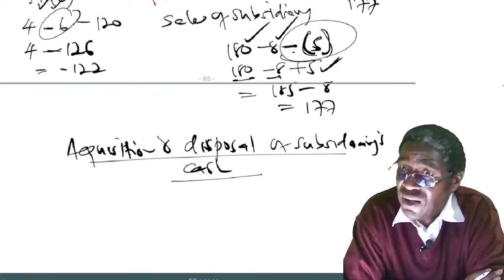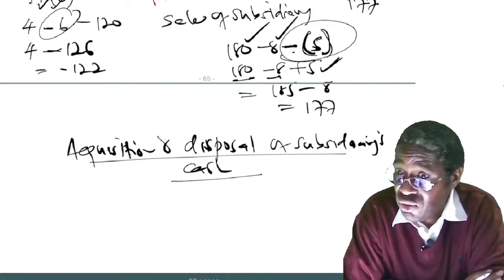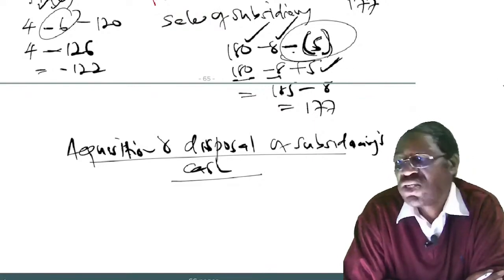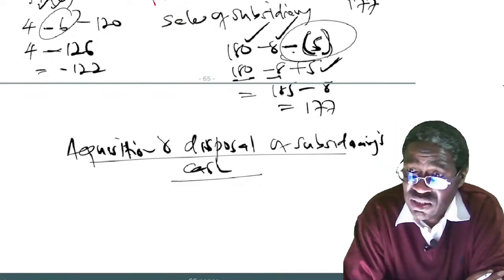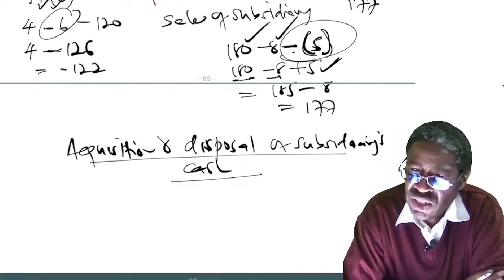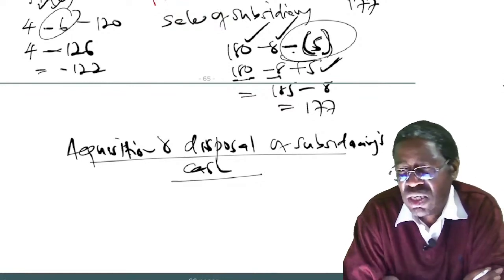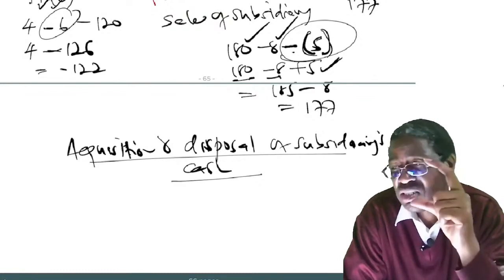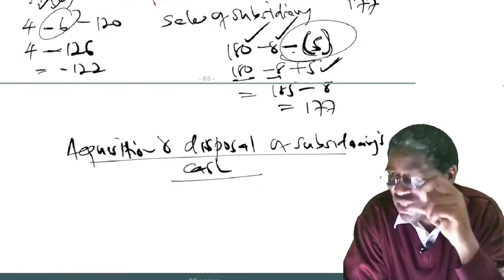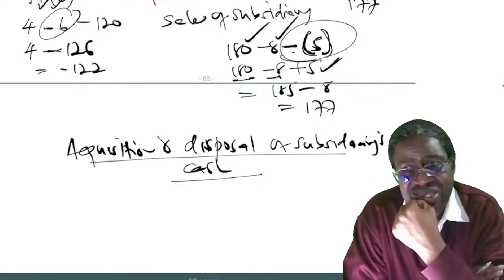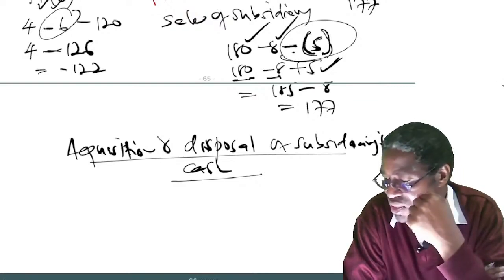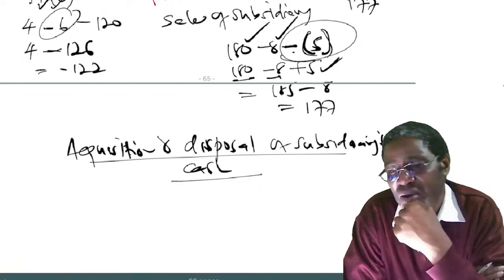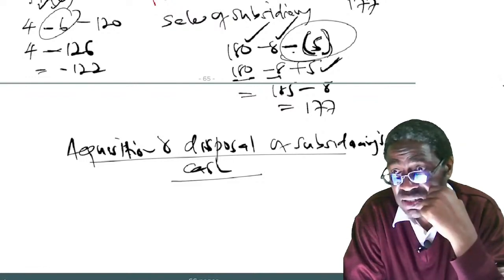I've said the net aggregate cash inflow or outflow arising from the acquisition or disposal of a subsidiary company should be shown as a separate item in the cash flow statement among the investing activities. Good.